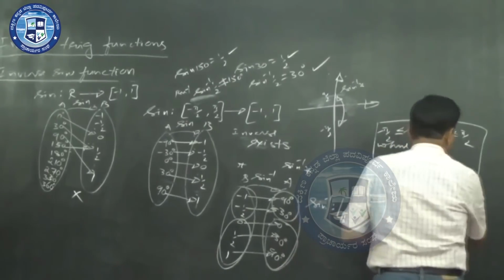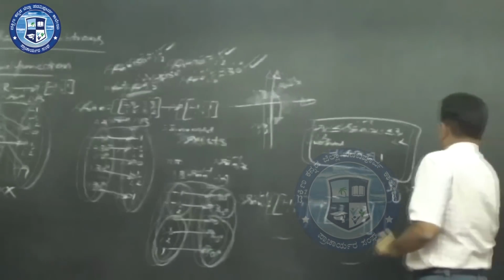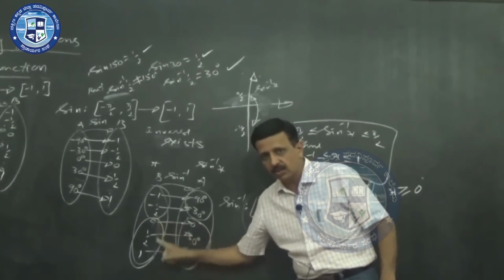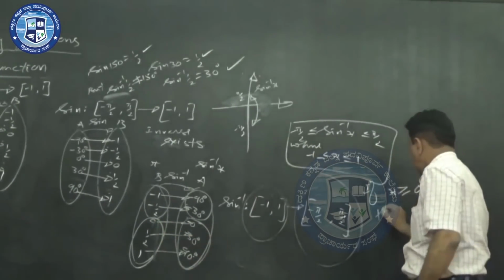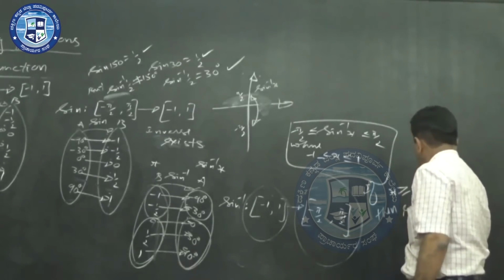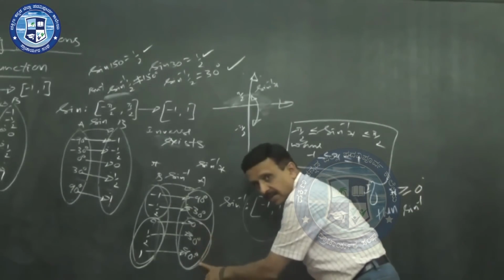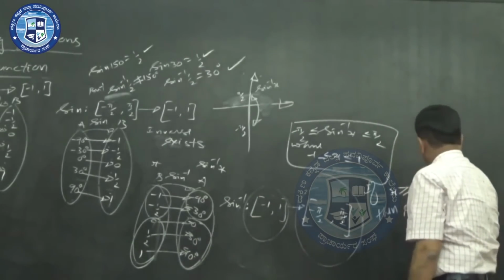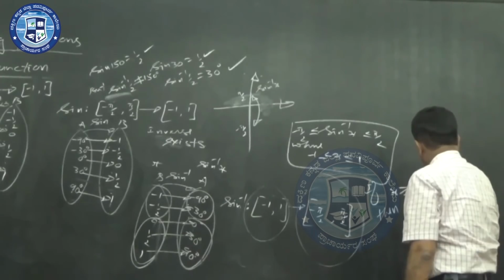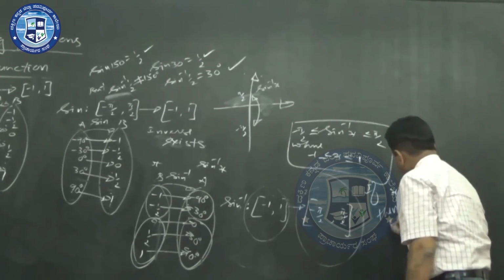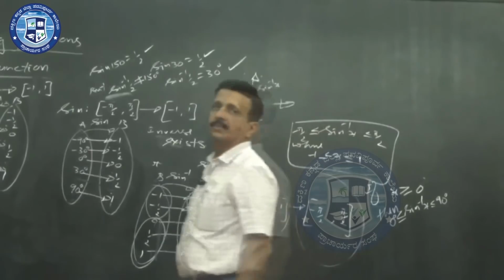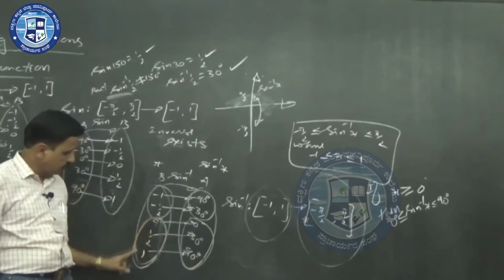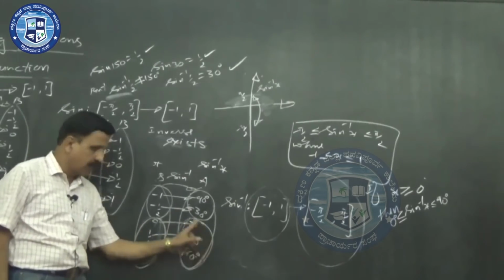You can split it. If x is greater than or equal to 0, means when x is positive, then you find that sin inverse x is in the first quadrant, 0 to 90. So first quadrant, how do you write? Sin inverse x is less than or equal to 90 degree and greater than or equal to 0 degree, which clearly says that if x is positive, sin inverse x is in the first quadrant.